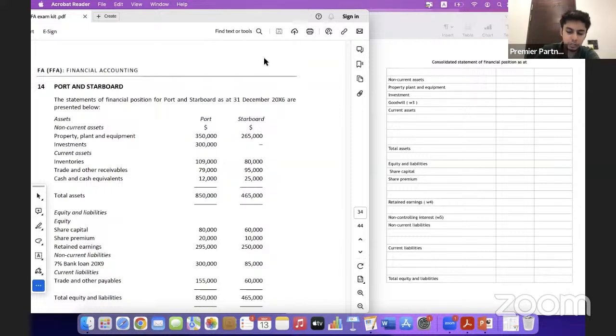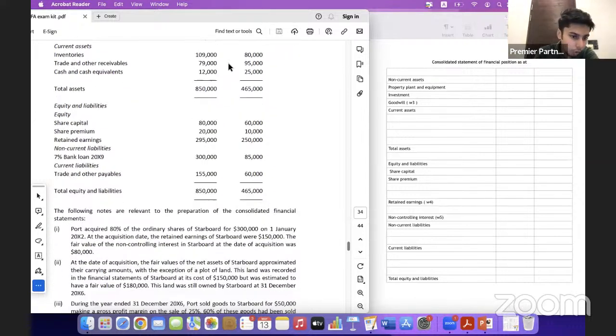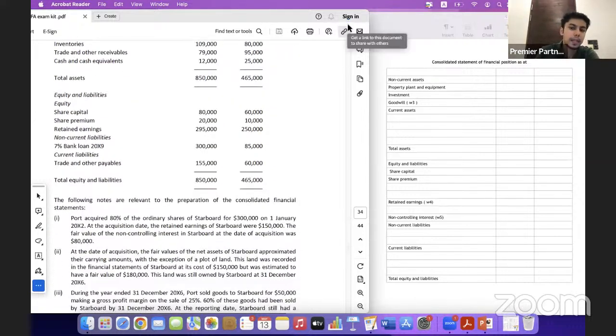This question, Port and Starboard, is a good question because it covers all the adjustments related to consolidated SOFP. The entire thing is covered. That will help us understand the adjustments one by one. So you can ask me questions, the doubts that you have if you didn't understand how the adjustments were done.